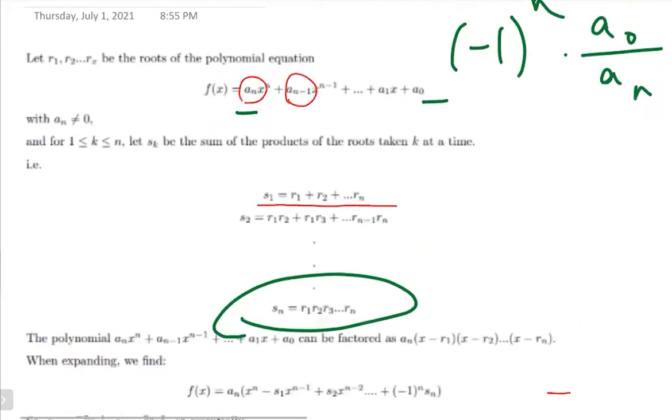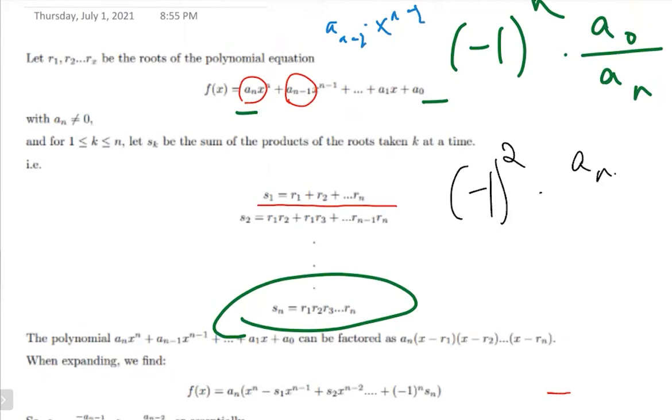It's not written here, but it would be the coefficient a sub n minus 2 times x to the n minus 2, and the sum of the pairwise products would be negative 1 squared times a sub n minus 2 over a sub n. But negative 1 squared is just 1, so we can ignore that.